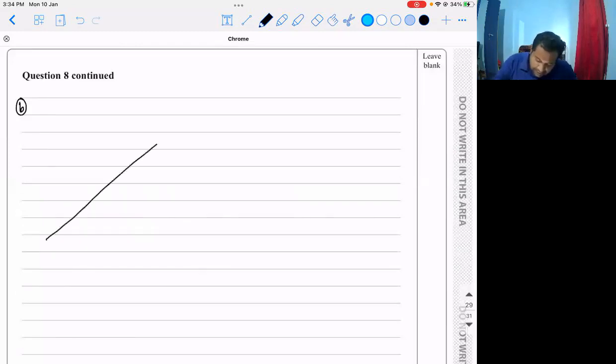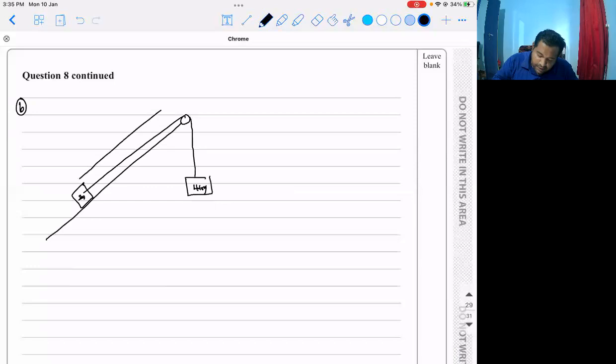So this is our inclined plane, and this is our pulley, and this is our mass, correct? This is the 4 kilogram, and this is our 2 kilogram. The initial distance between them is our D. This is H. So once it hits the ground, what happens?